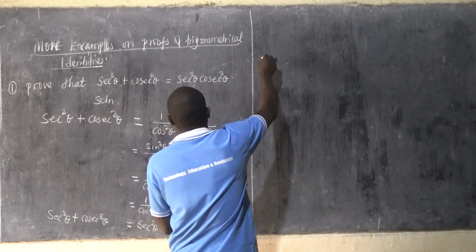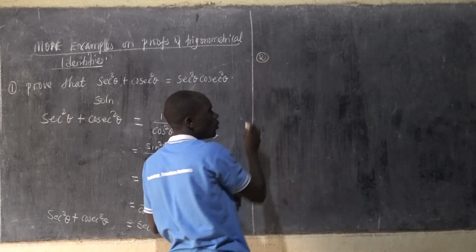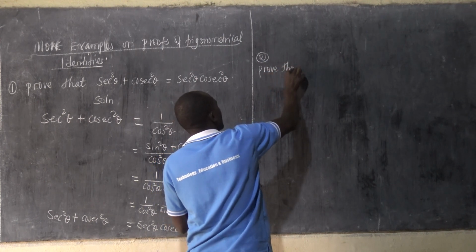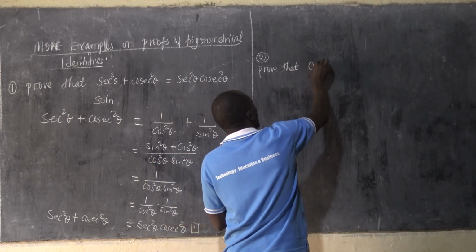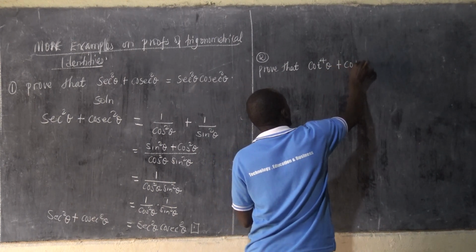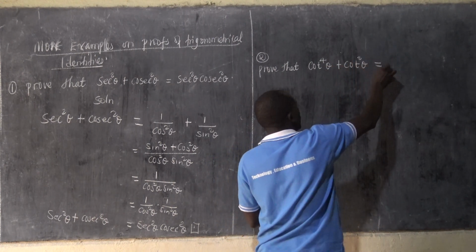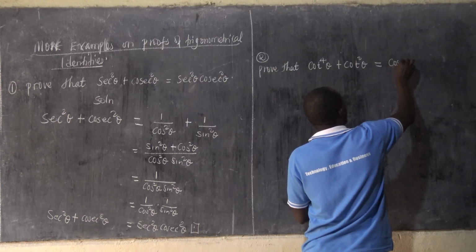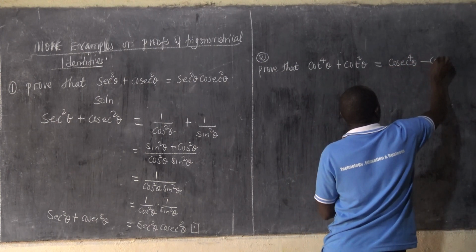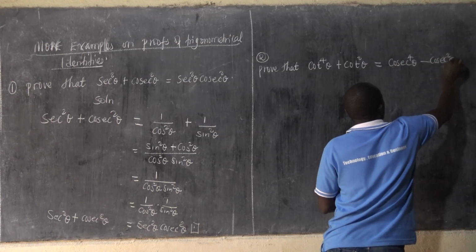So we are going to go to proof number 2, which goes: prove that cot power 4 theta plus cot squared theta equals cosec power 4 theta minus cosec squared theta.